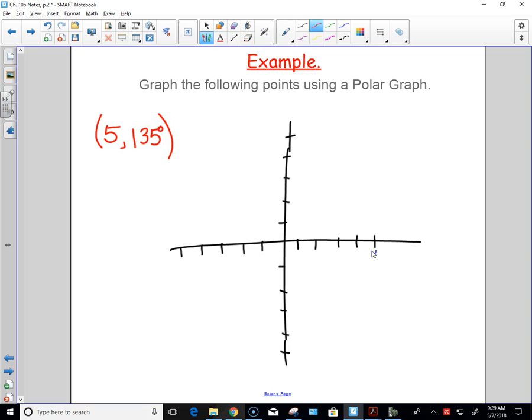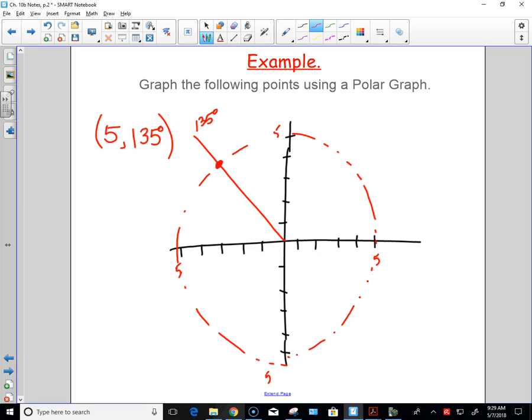No. I only need the one with a radius of 5. So I mark 1, 2, 3, 4, 5 in each direction. All I'm thinking about is this circle. And then I need to think of what angle? 135. And where the two intersect, that's my point.